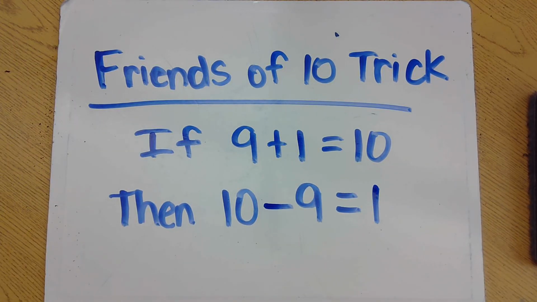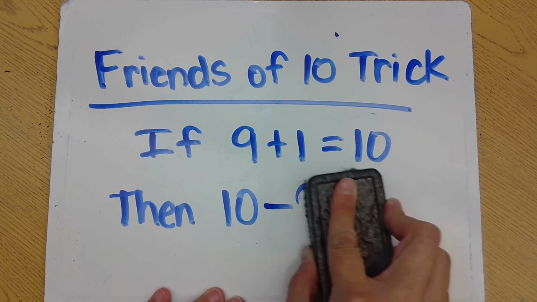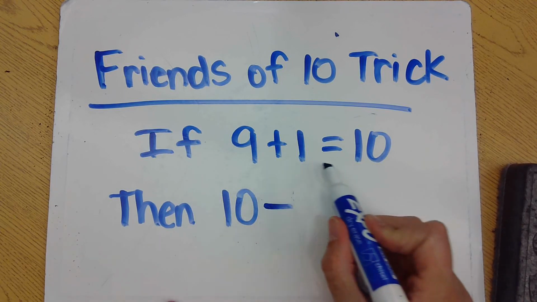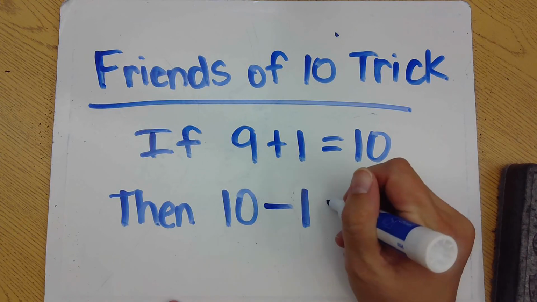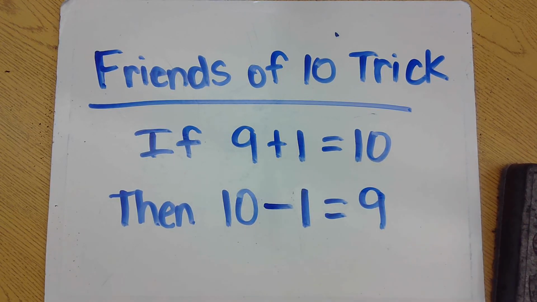Those are part of the same family. 9 plus 1 equals 10. If we know that, then we can figure out 10 minus 9 equals 1. We could also reverse these. If I know that 9 plus 1 equals 10, then 10 minus 1 equals 9. So that's a little tens trick for you.